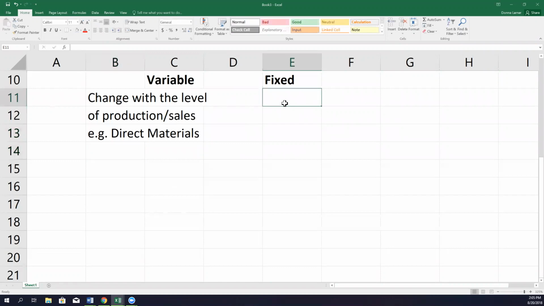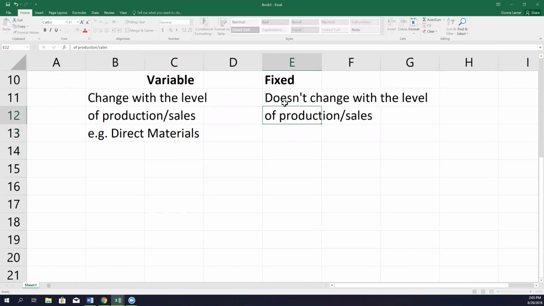However, something like, let's see, how about property taxes? You have property taxes on the factory building. They're levied usually based on the value of the building, how big the property is, where it's located.